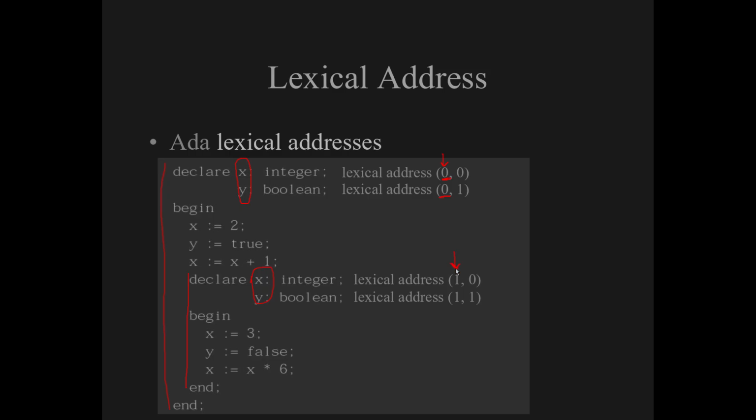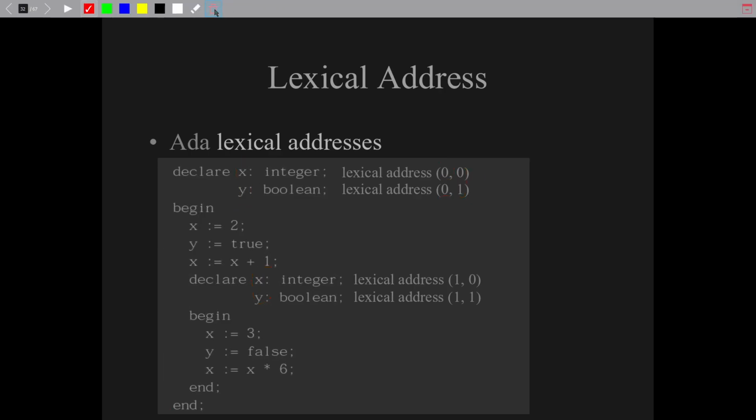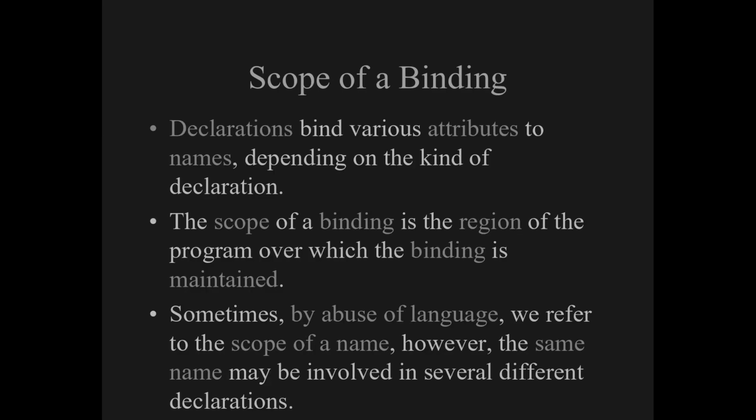So that's kind of the idea here, more or less. Then the second number just determines which of these names are within the same block. So the 0th one is the first one, or X. Then the 1 here is the second one, which is Y. I guess that's what it is, more or less.